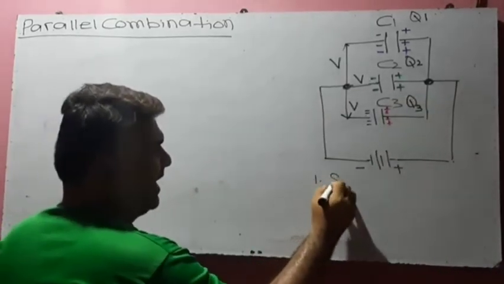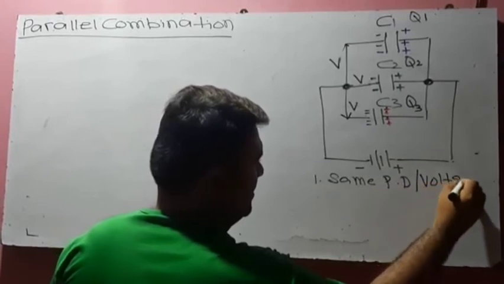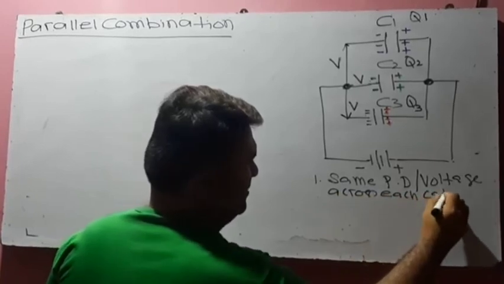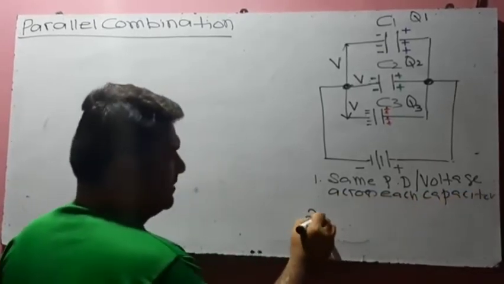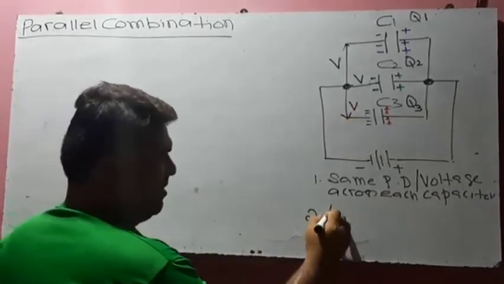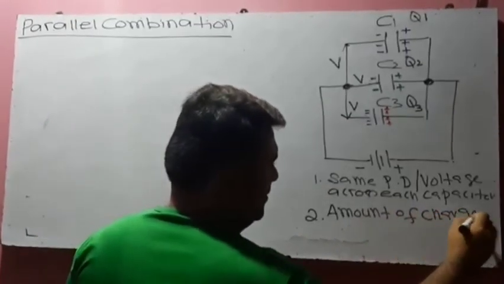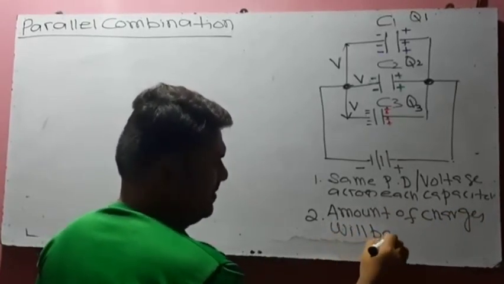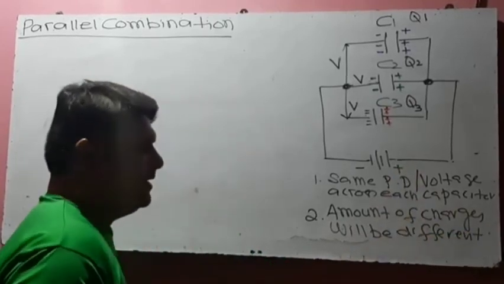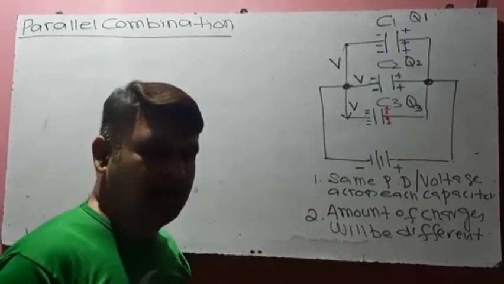Point number 1, same potential difference or voltage across each capacitor, but different amount of charges will be stored. Amount of charges will be different. These 2 points of series combination and parallel combination are very important for the pre and test.